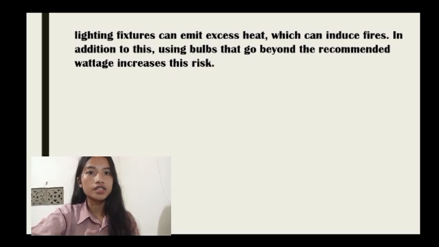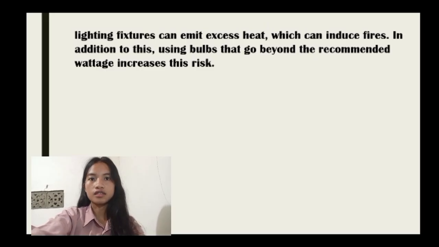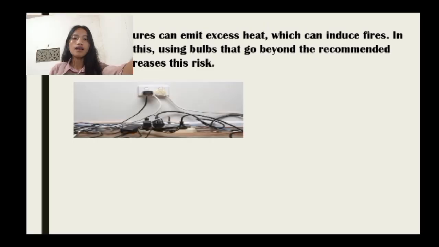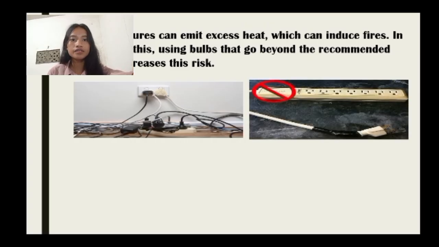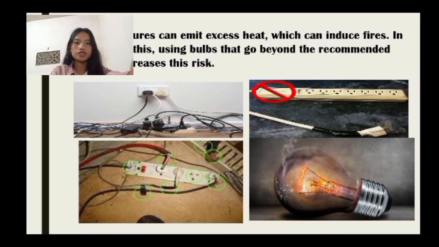In addition to this, using bulbs that go beyond the recommended voltage increases this risk. These images are examples of overloaded circuits, poorly installed extension cords and power strips, faulty outlets and switches, and defective lighting fixtures.